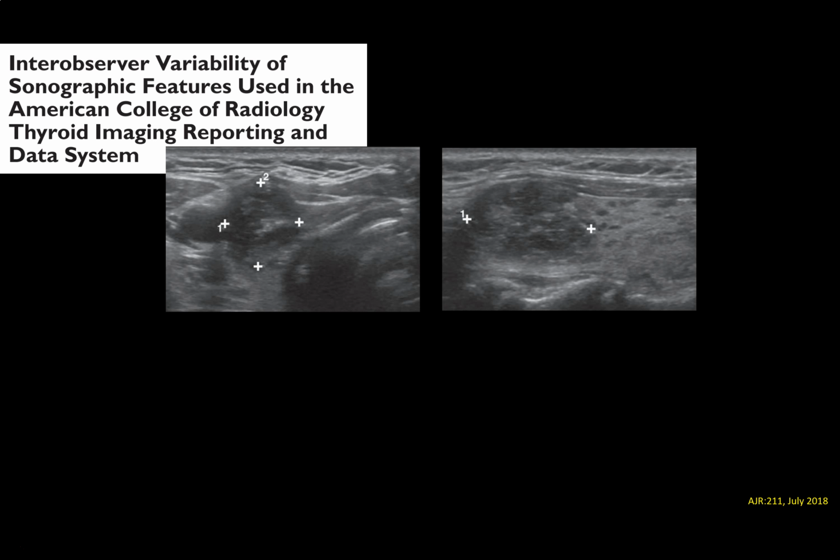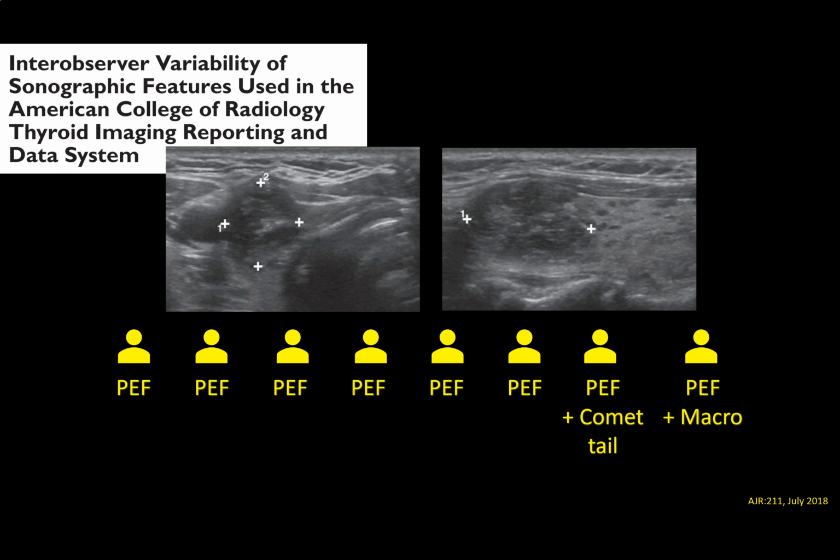This is a case from the article listed. And this nodule was interpreted differently by 8 readers regarding the combination of composition, echogenicity, shape, and margin. All readers detected punctate echogenic foci, but one reader also described the presence of macrocalcifications, and another saw large comet tail artifacts.